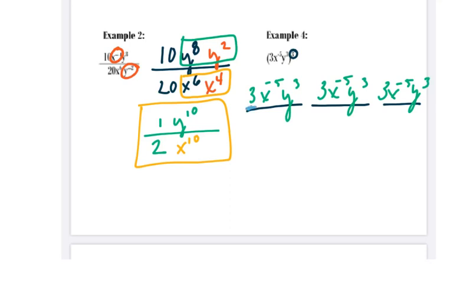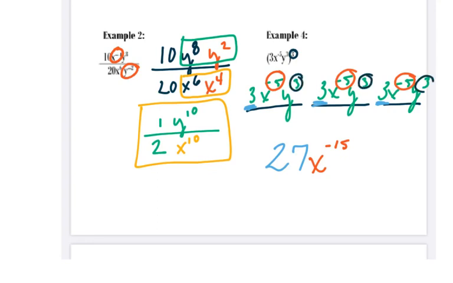Okay, multiply all your big numbers. 3 times 3 is 9, times 3 is 27. X to the negative 5, x to the negative 5, x to the negative 5. That makes a total of negative 15. 3 plus 3 is 6, plus 3 is 9.